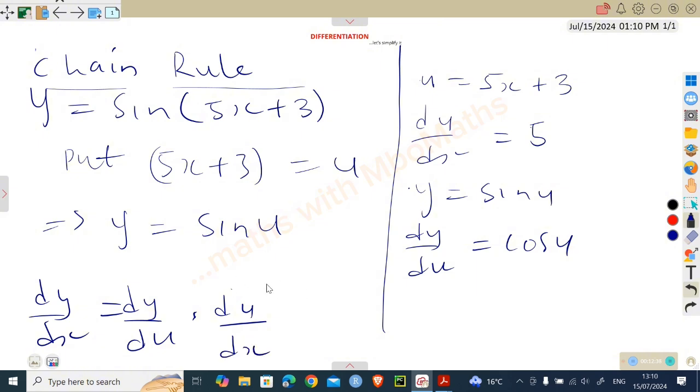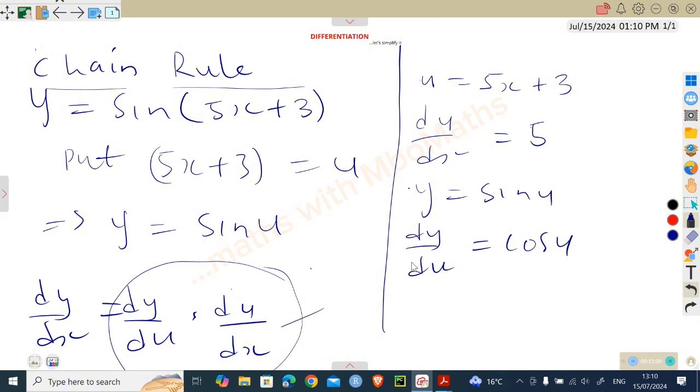Remember, in differentiation, most times we use a dot to denote multiplication to avoid confusion with x. Some people get confused when you write x as a multiplication sign. So anytime you see a dot in differentiation, it simply means multiplication. So this is what we use to differentiate such functions.